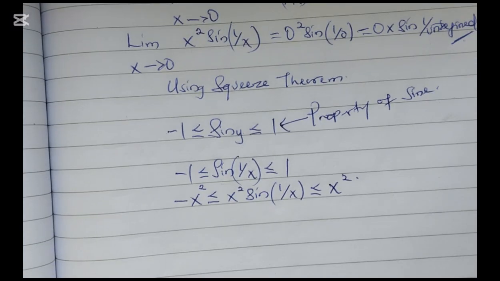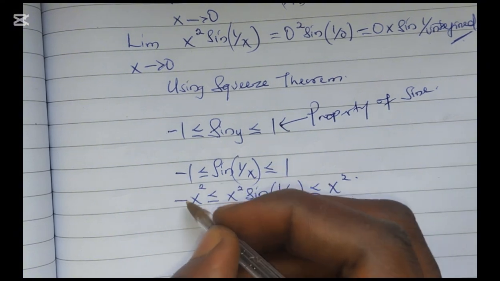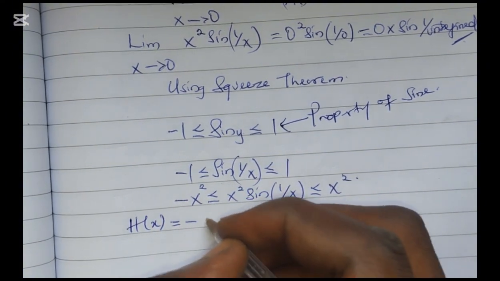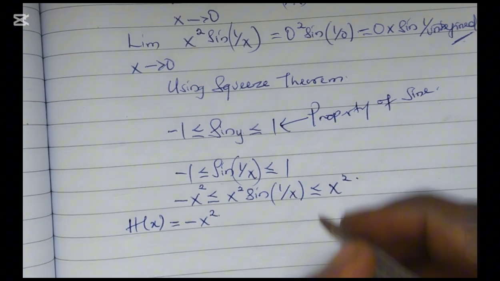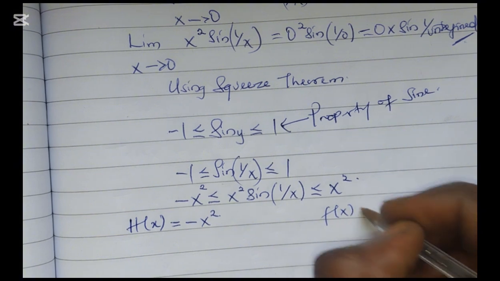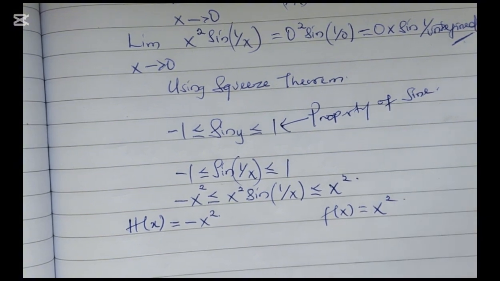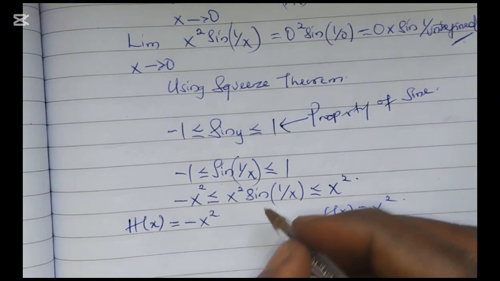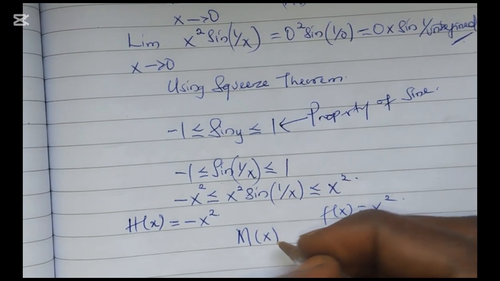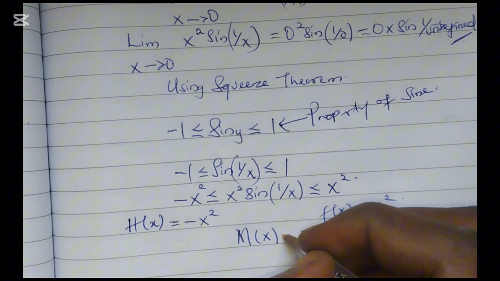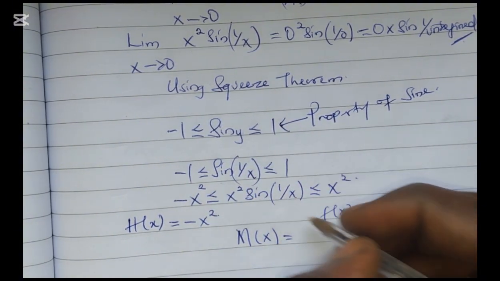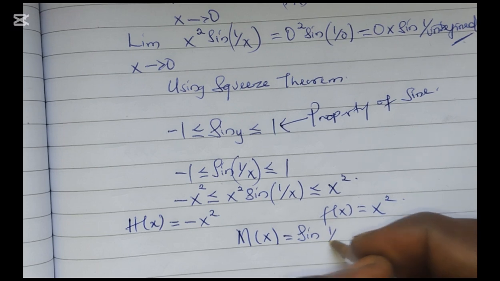So if we assume this function on the left to be h of x equals negative x squared, and we assume this one to be f of x equals x squared, and we assume this one, the middle function, to be m of x, which is x squared sine 1 all over x.